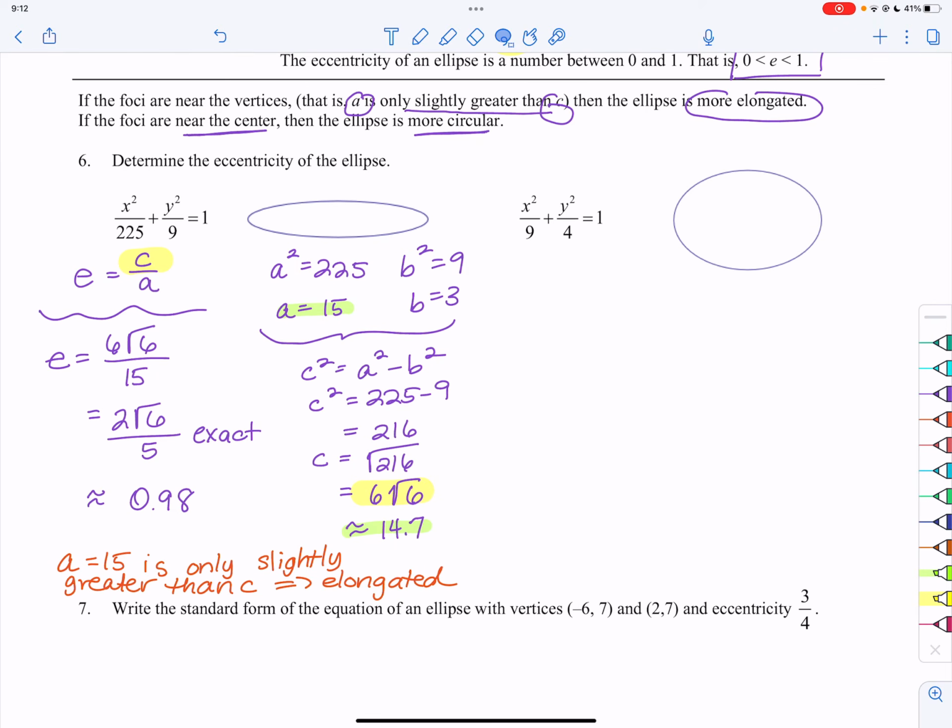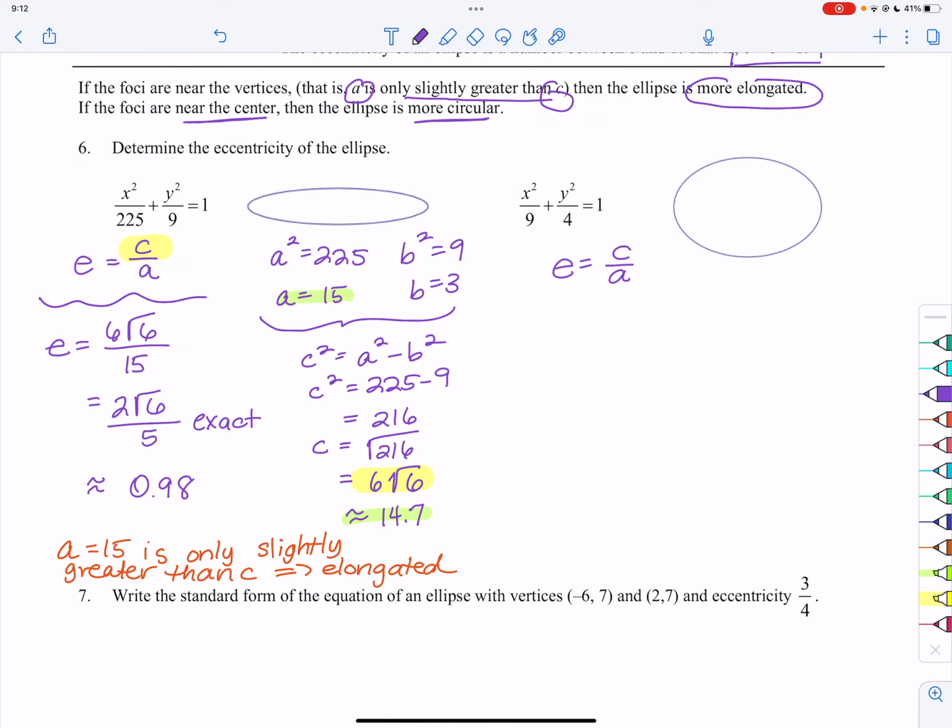Now, let's look at another case. Let's go ahead and write our E is equal to C divided by A. And then over here, we have a squared equal to 9, b squared equal to 4. We have a equal to 3, b equal to 2, and c squared equals a squared minus b squared.